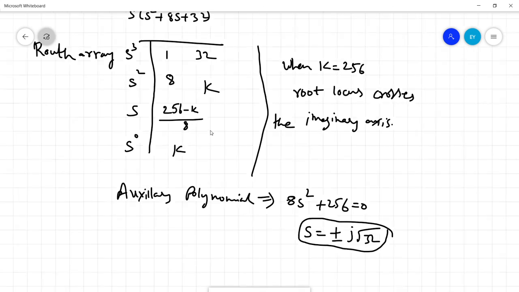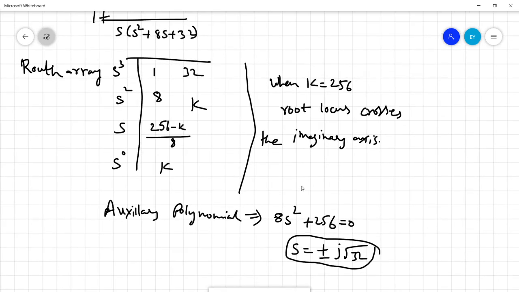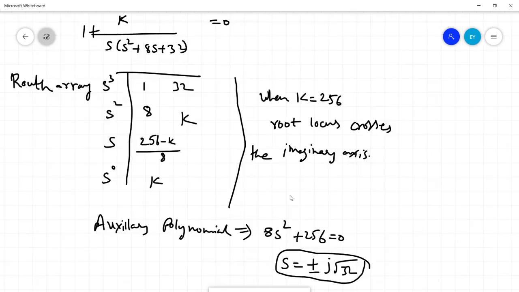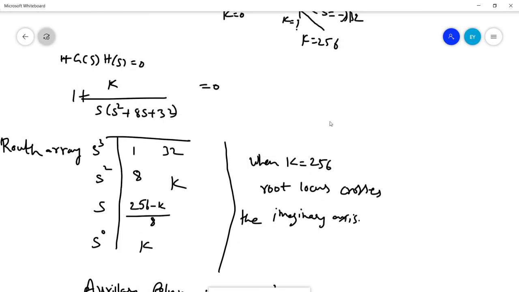So once you take the auxiliary polynomial, what you get here is 8s square plus 256, because k is calculated as 256. That's how k is equal to 256. And this is the point which tells the root locus meeting point, that is s equal to plus or minus j root 32 is the point on the imaginary axis for k equal to 256.